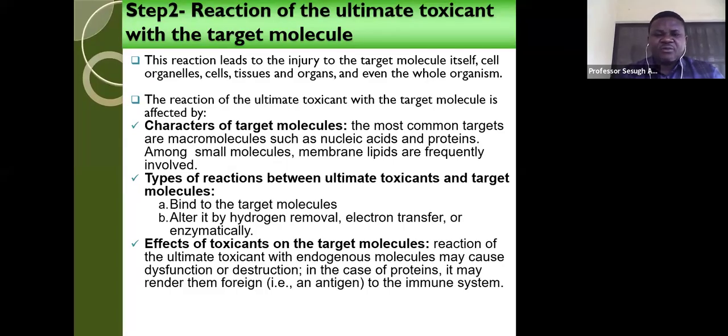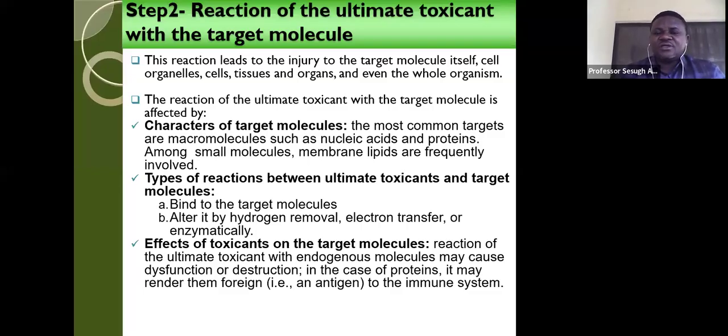Okay? And we have mentioned one, the character of the target molecule. The character of the target molecule is very important. If someone comes to attack you, it depends on who you are, whether he might be able to get you or not.